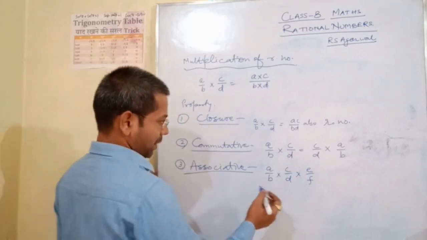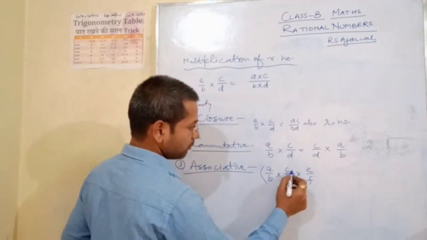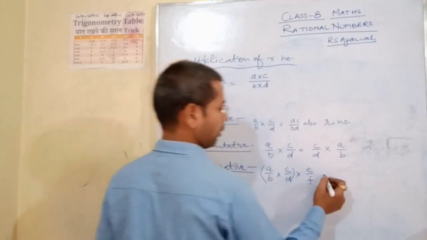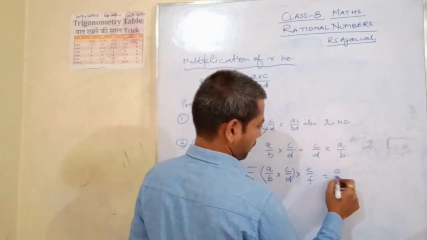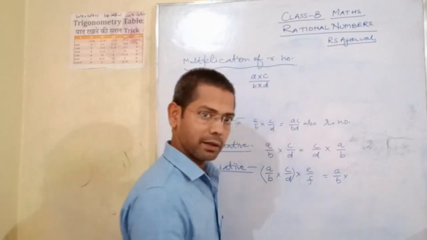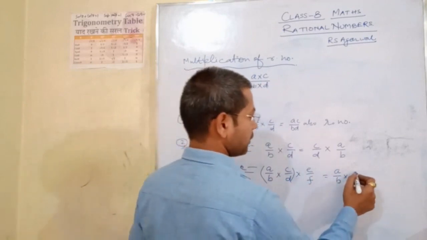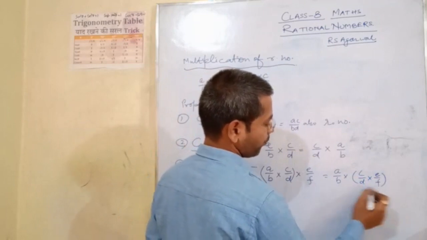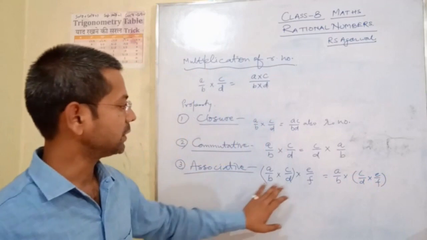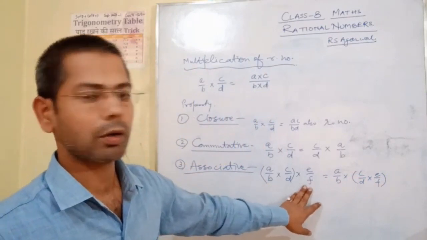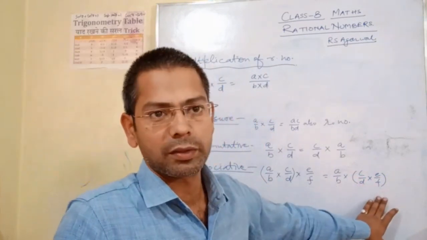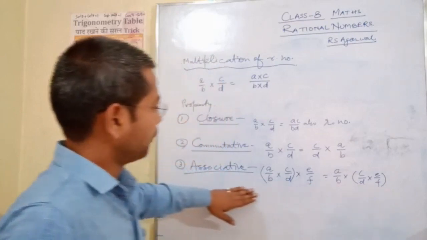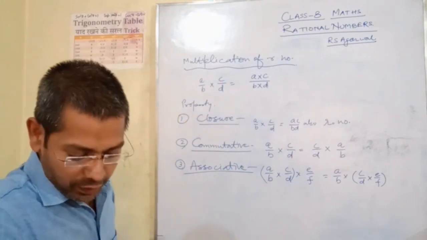We can multiply a upon b and c upon d first, then multiply by e upon f, or first multiply c upon d and e upon f, then multiply by a upon b. In both cases, the result will remain the same.